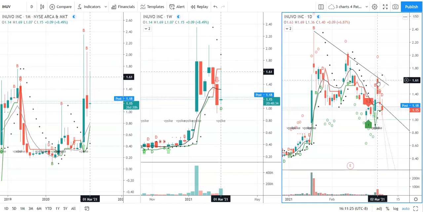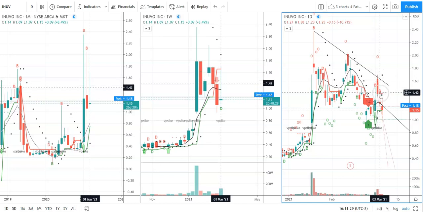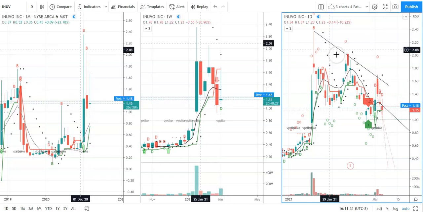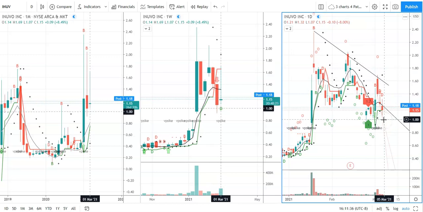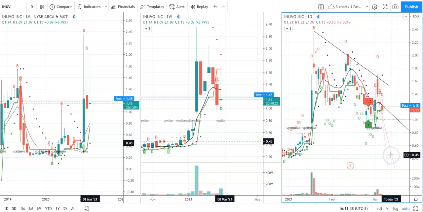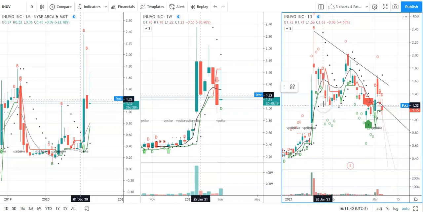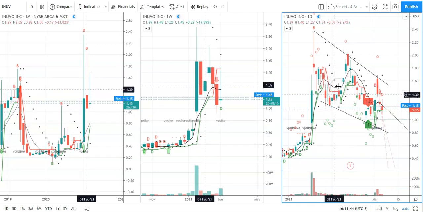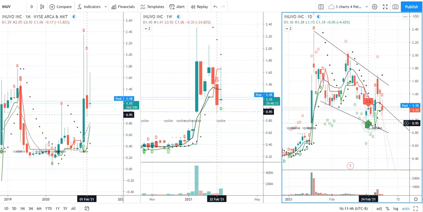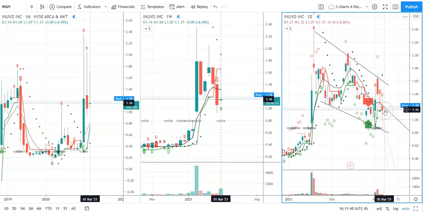And then we just fairly recently hit a high of 1.69 and now we're dropping again. So when you're putting in those lower highs, by definition we're in a downtrend, because you're making lower highs and lower lows. So we made a low, lower high, lower low, lower high, and here we are trying to figure out where this is going to go.